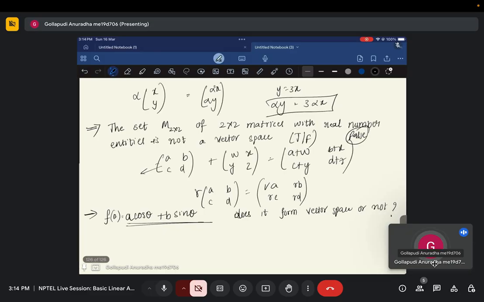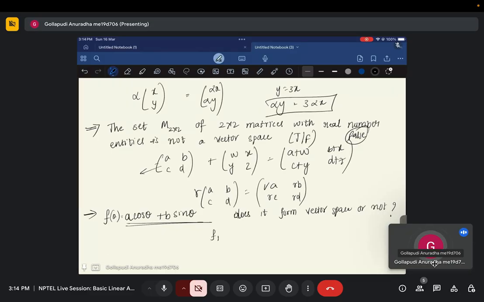It is not a vector space, I guess. Okay, so you must check whether this is satisfying the conditions or not.